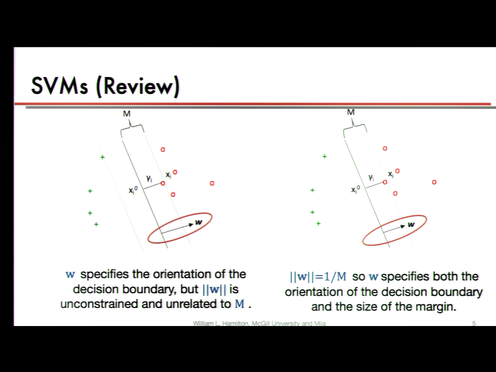So the thing that we did to make this a well-defined optimization problem was that we set the size of W to specify the margin. So instead of having this margin and this parameter vector, we said that the direction of W tells us the orientation of our decision boundary, and the size of W tells us how big the margin is.